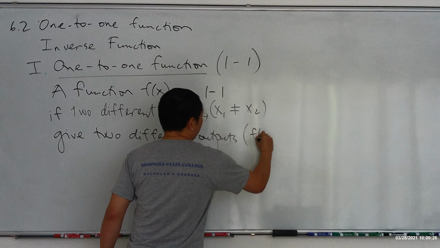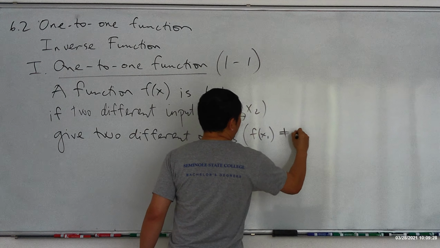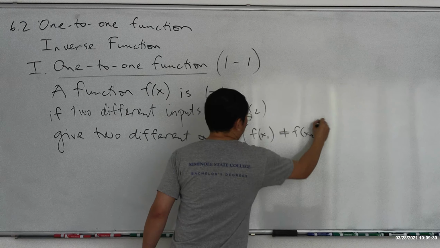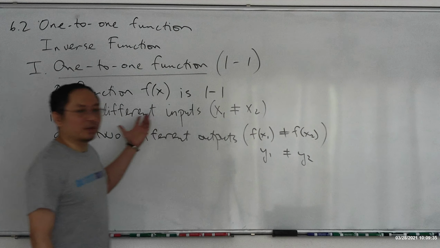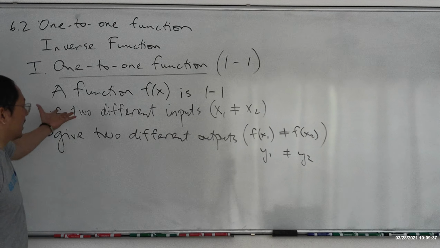So f of x1 is not the same as f of x2, or y1 is not equal to y2. It's not a formal way to write it, but it just helps you get the idea of it.